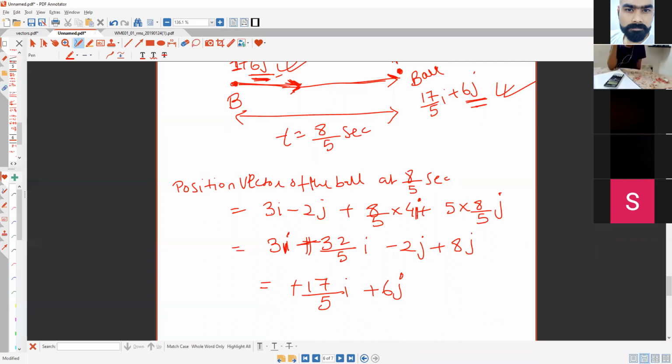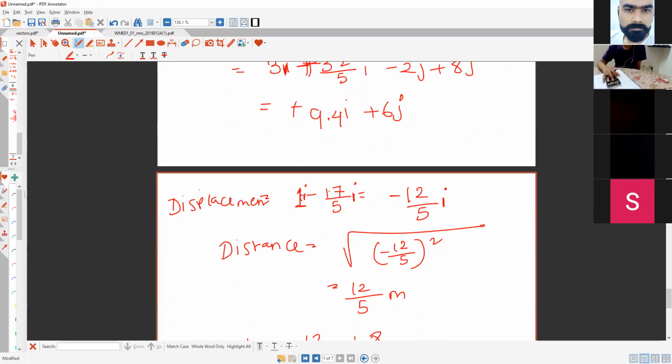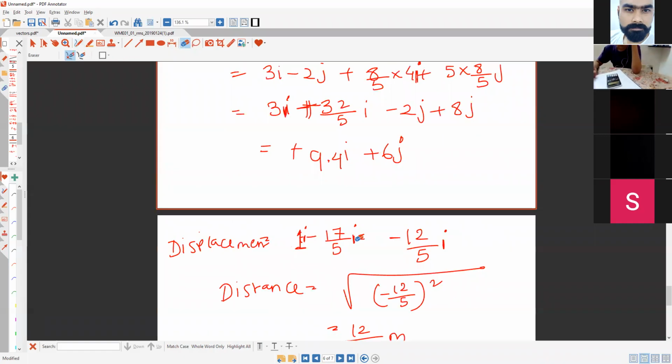That was the mistake I did not correct. 3 plus 32 by 5 is going to be 9.4. So this is going to be 9.4i. So that's where I made a mistake. So it has to be 1 minus 9.4, which is going to be 8.4.